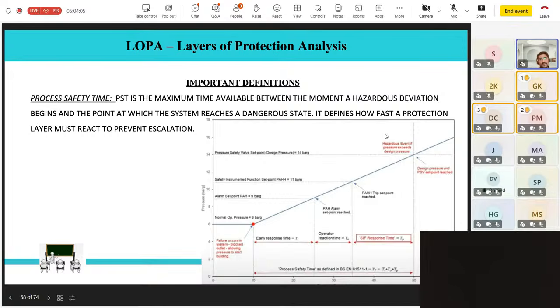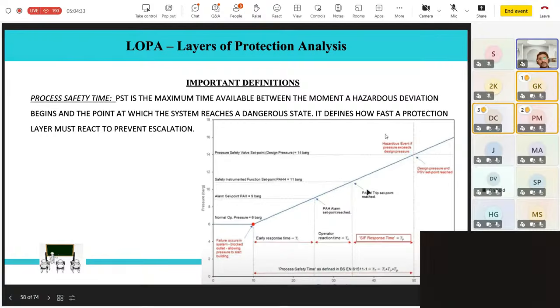So all those things add up. Essentially, the early response time is what you would have considered going from a level low to a level alarm high in the tank. You would have considered a certain residence time based on the working volume of the tank. That would be your early response time, from an L to an LAH.